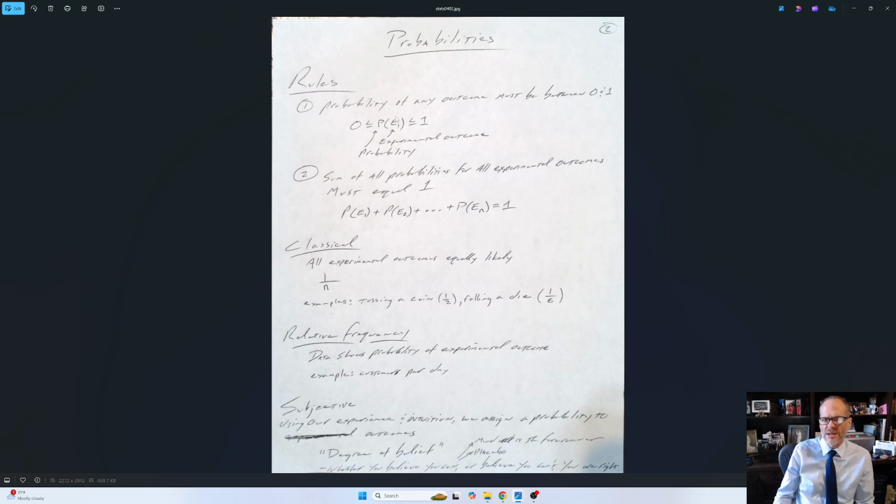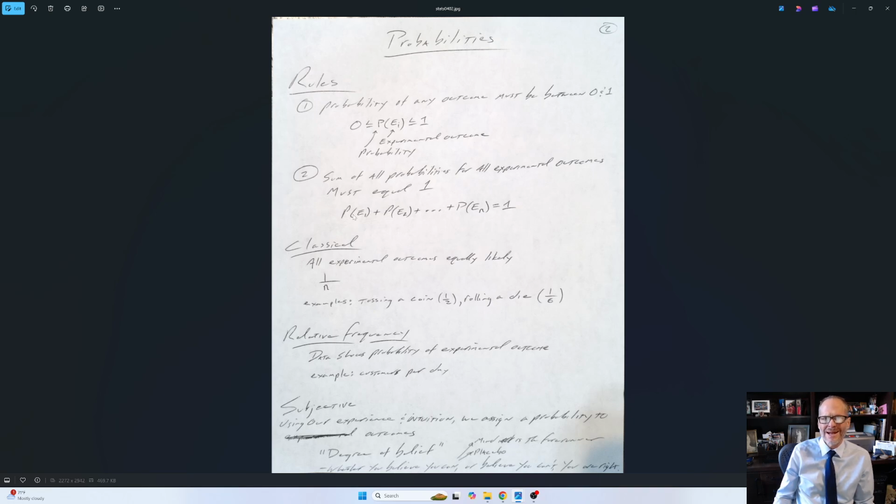So the probability of any event, any experimental outcome, is going to be between 0 and 1. And the sum of all probabilities for all experimental outcomes in a sample space must be equal to 1. So if we're tossing a coin, the probability of heads and the probability of tails, when you add those up, they have to be 1.